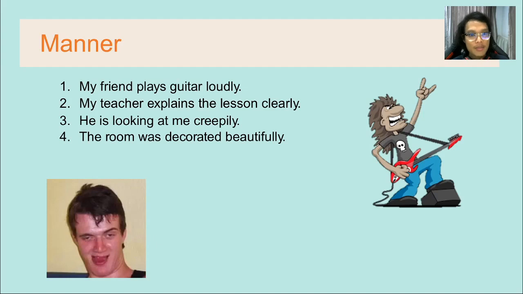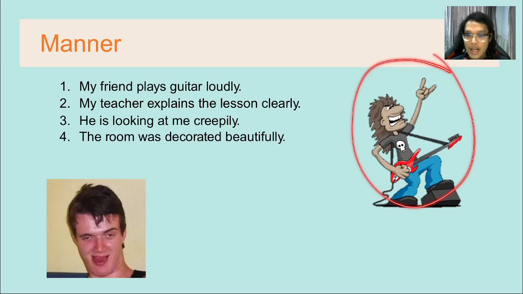The first sentence: my friend plays guitar loudly. I don't know how to pronounce the word guitar, whatever. So, my friend plays guitar loudly. You can see the pictures here.